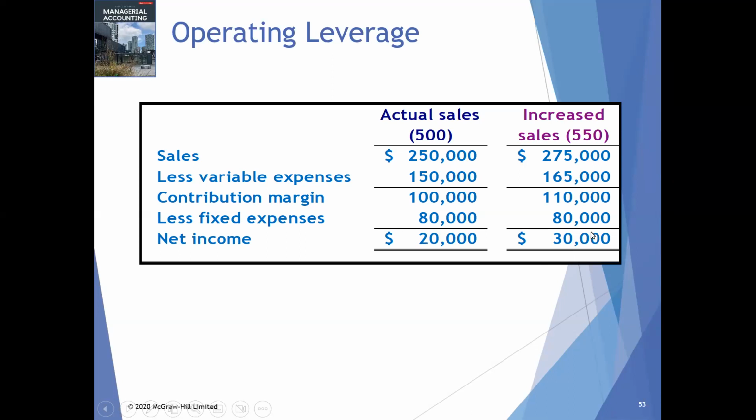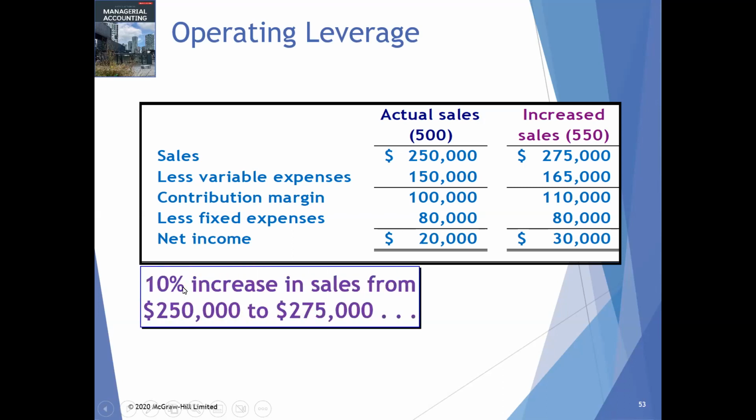Let's say the sale has increased 10%, so 250,000 plus 25,000 is equal to 275,000.